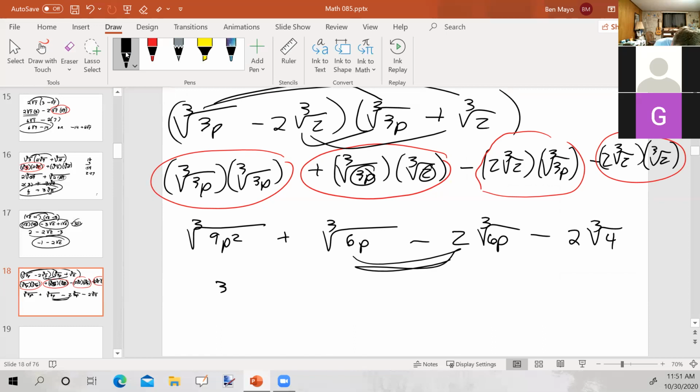So I've got the cube root of 9p squared plus 1 minus 2 is minus 1 cube root of 6p, minus 2 cube roots of 4. All righty.